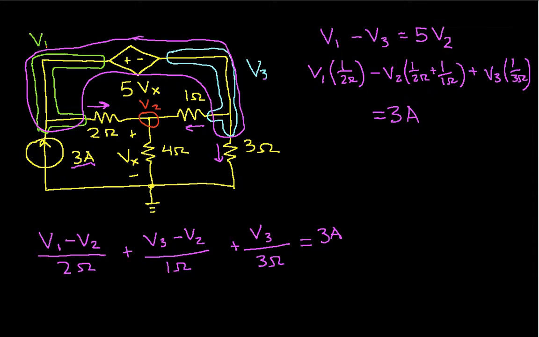Okay, so now I have two equations that I've gotten from nodes 1 and 3, so that's basically all I can hope for. I still need to get an equation from node 2.